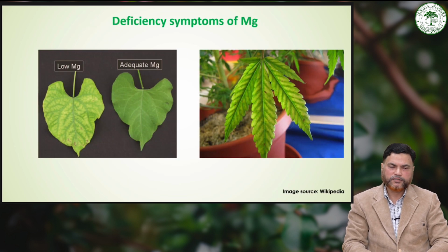Now, like other essential mineral elements, magnesium also imparts a specific deficiency symptom. In this slide on the left side, one leaf is deficient, and another leaf has an adequate amount of magnesium.